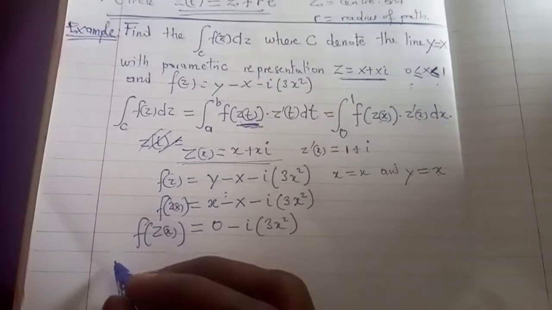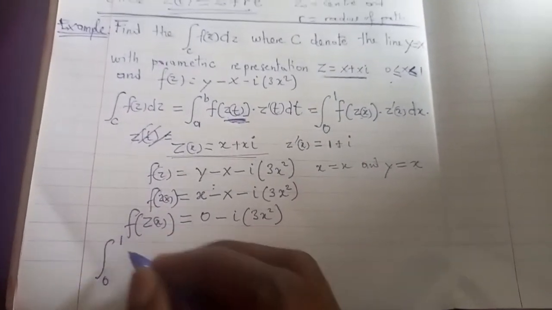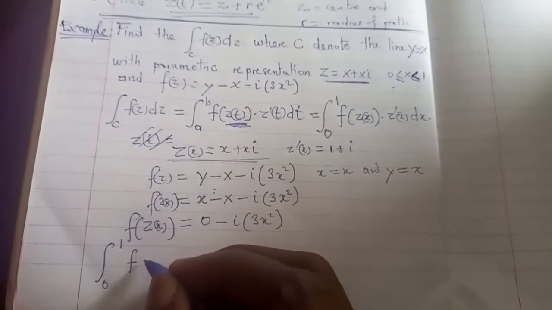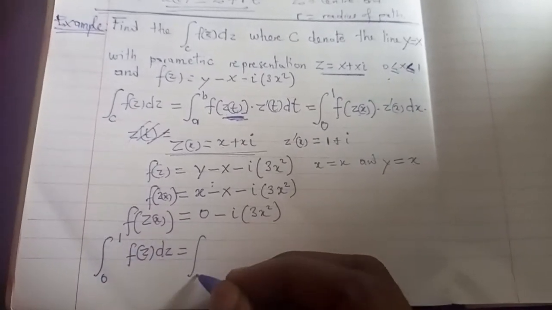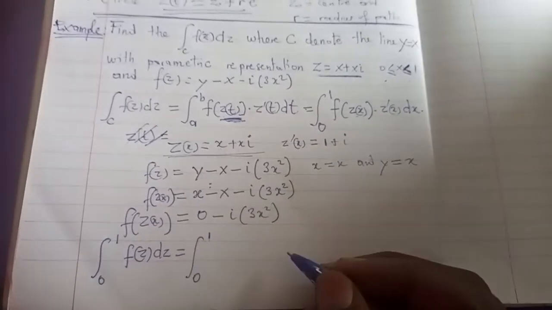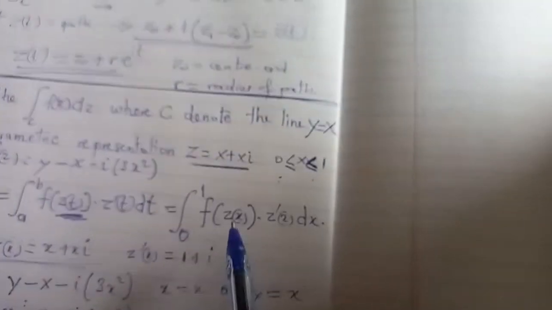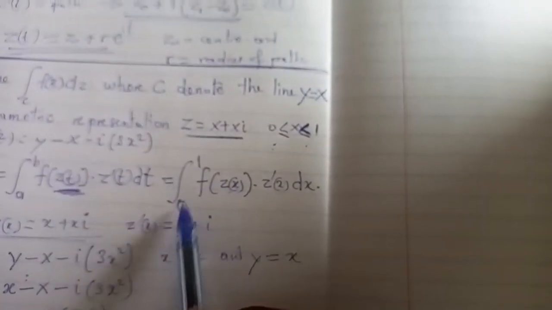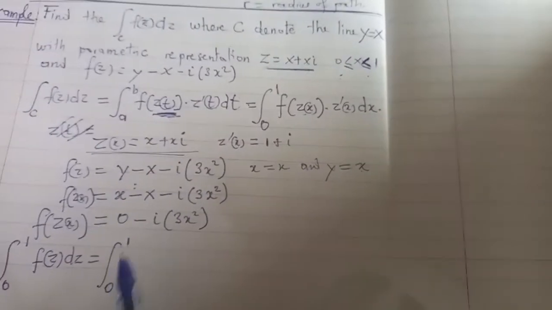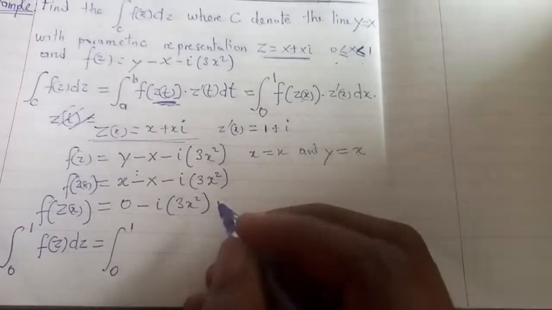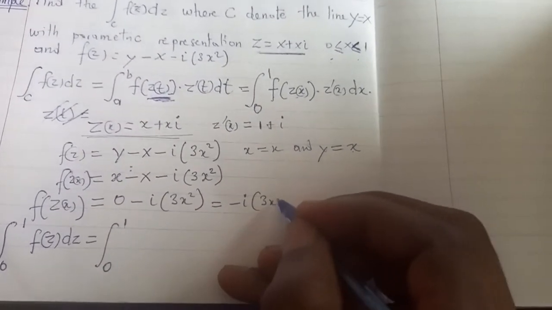So now our contour integral from 0 to 1 of f(z) dz is going to give us the integral from 0 to 1 of, now look at the formula here, f(z(x)), and you found it here to be equal to minus i times 3x squared.